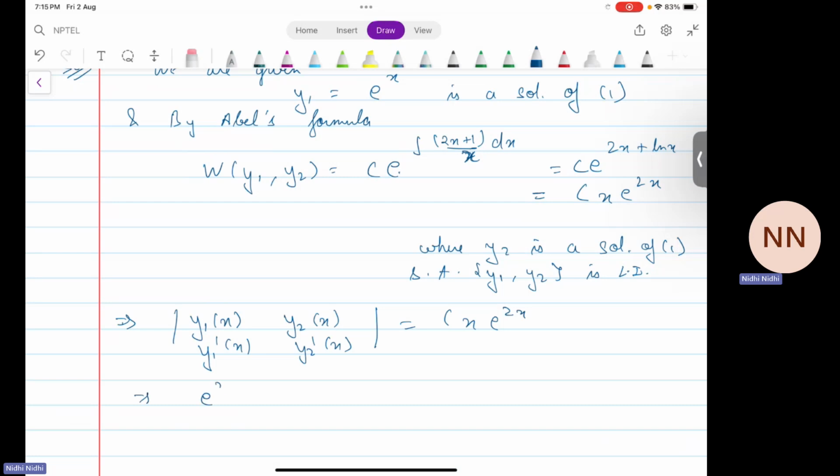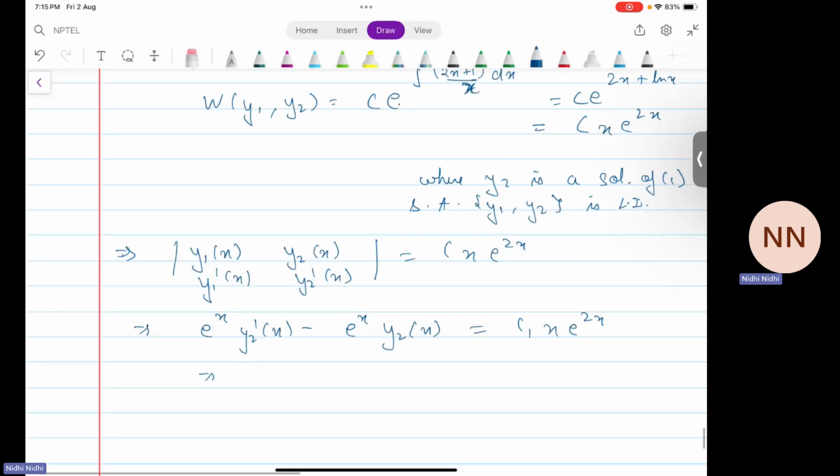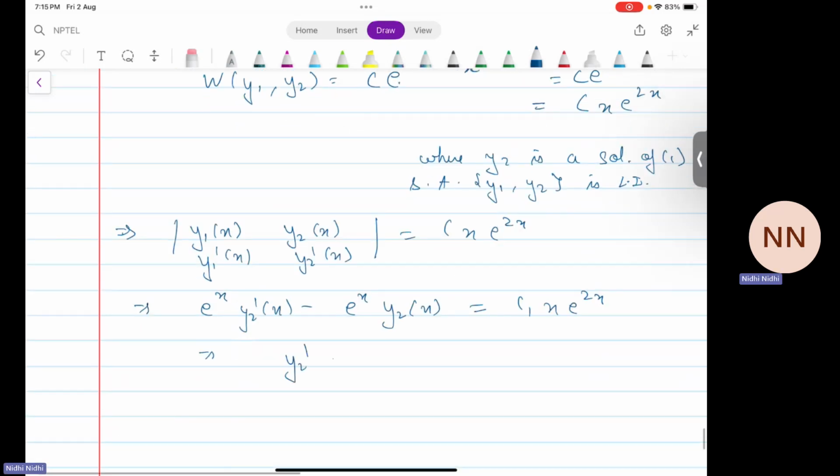It's e to the power x, times y2'(x) minus y2(x) times y1'(x). So we know that the derivative of e to the power x is e to the power x itself. So we have y2'(x) minus y2(x) equal to c1 x e to the power x.